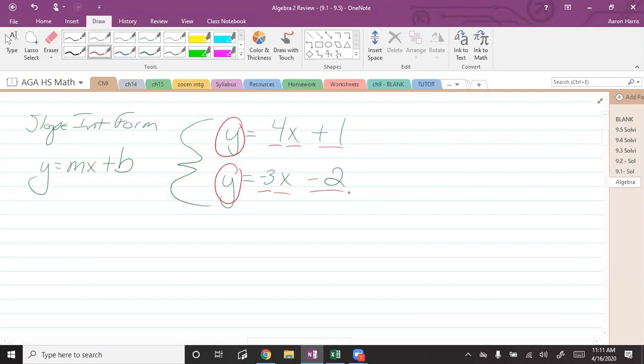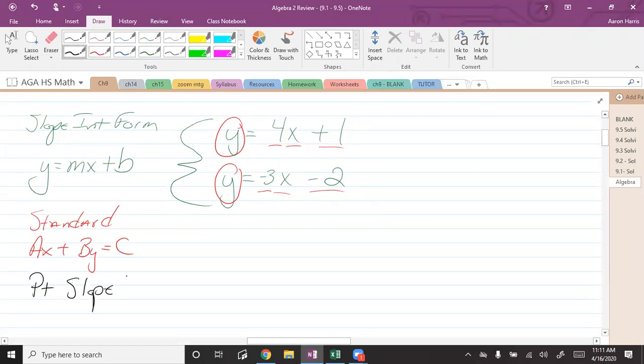So it sounds like we're having issues with our formulas. What are the other two formulas that you need to know? Standard and point slope. There you go. Standard is ax plus by equals c. And then I also need to know point slope form.